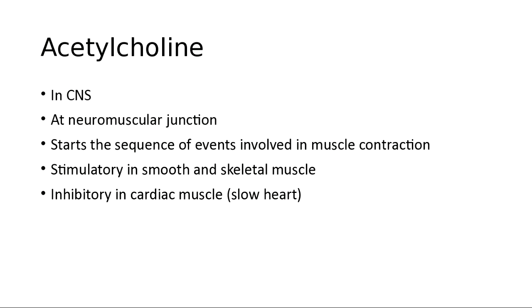In the central nervous system and at the neuromuscular junction, it's going to be excitatory, so you're going to make things happen, move things along. Smooth muscle, skeletal muscle, increases the chance of having movement. In the cardiac muscle, acetylcholine is actually inhibitory. It's going to slow the heart rate down.